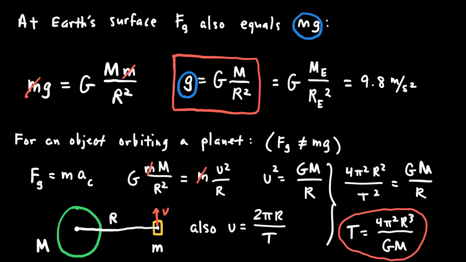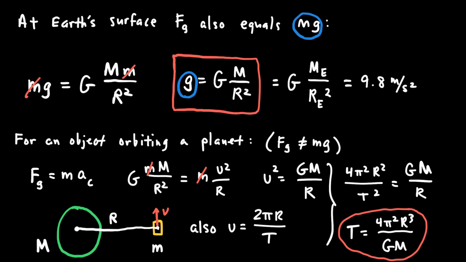So down below I have a picture of a green planet and a yellow object which maybe represents a satellite that has a mass of lowercase m that's moving around in a circle around this planet with a constant speed v. The force of gravity exerted on that object due to the mass of the planet would be equal to G m1 m2 over r squared.